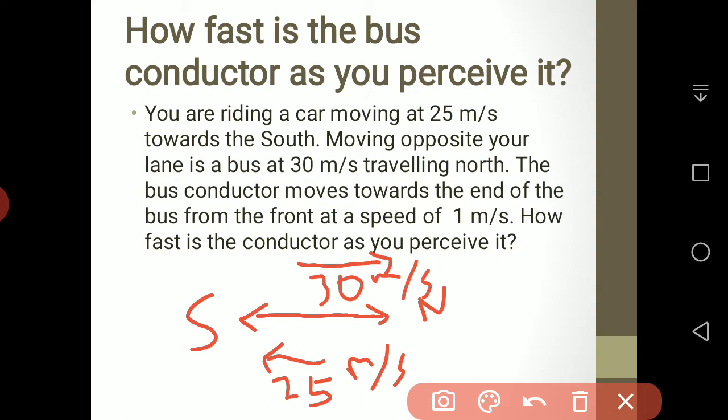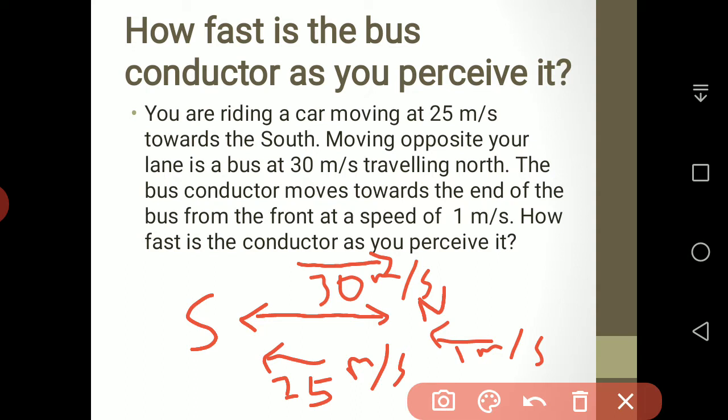So, papuntang south din yung ating conductor. So 1 meter per second. How fast is the conductor as you perceive it? Ikaw na nasa bus. So, gaano kabilis yung sa tingin mo? Gaano kabilis sa tingin mo yung conductor?